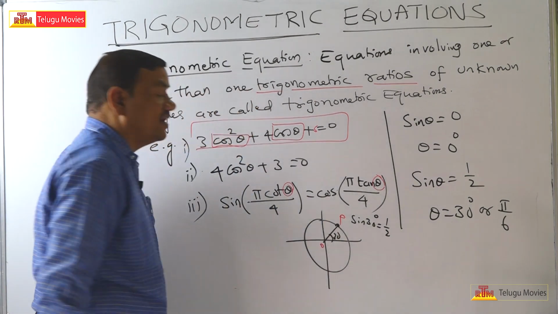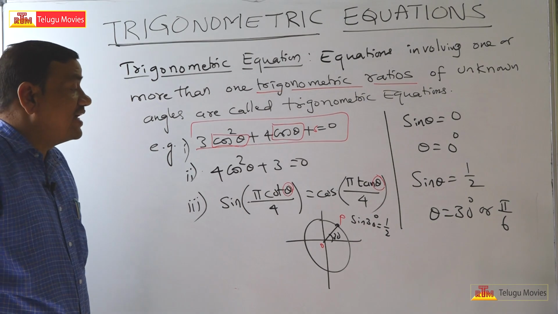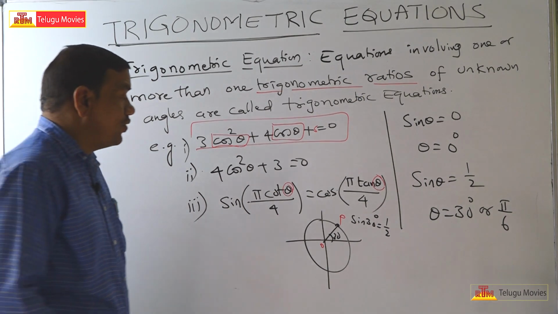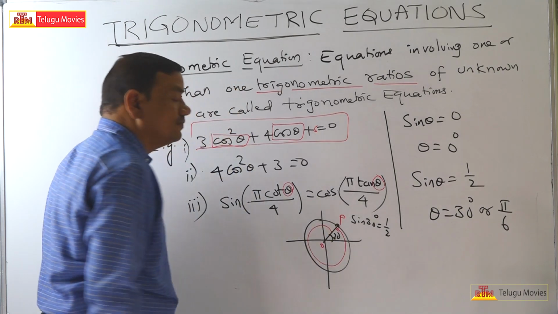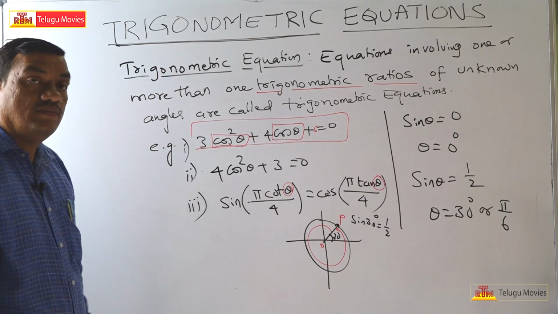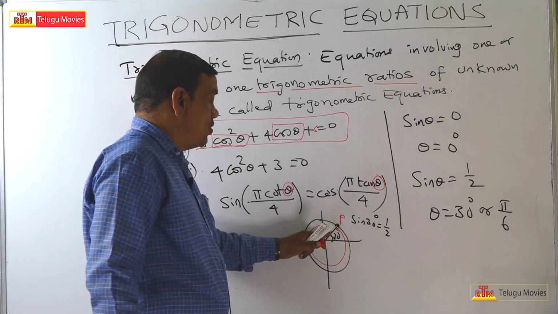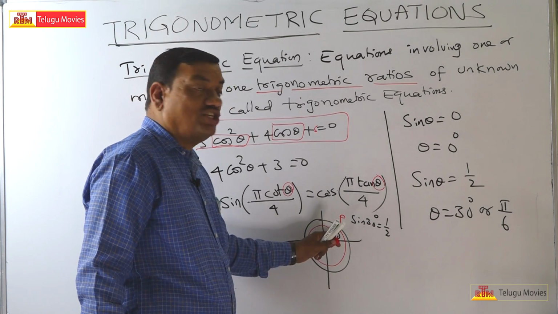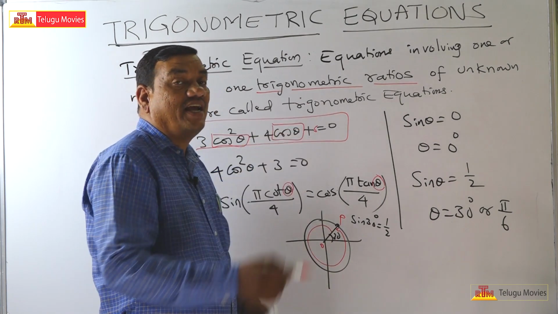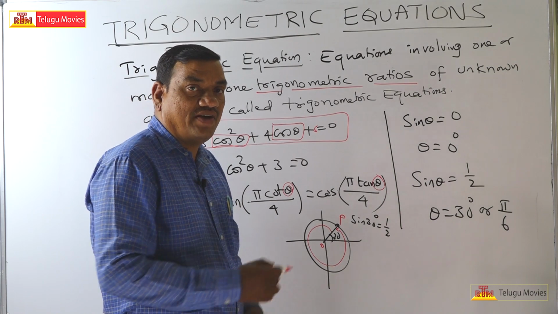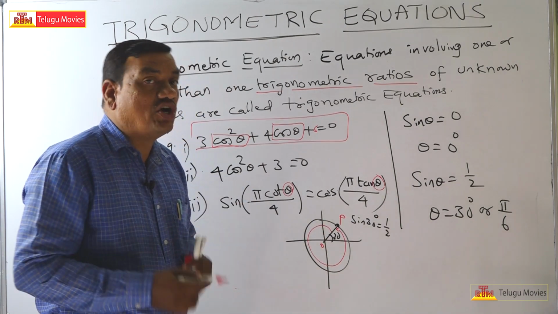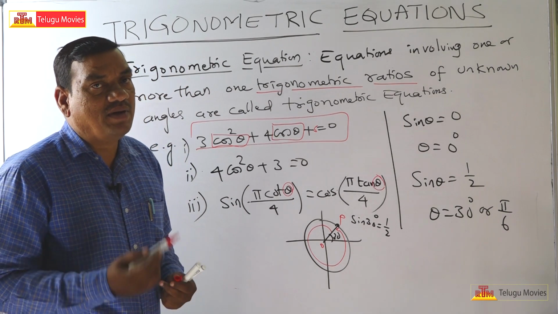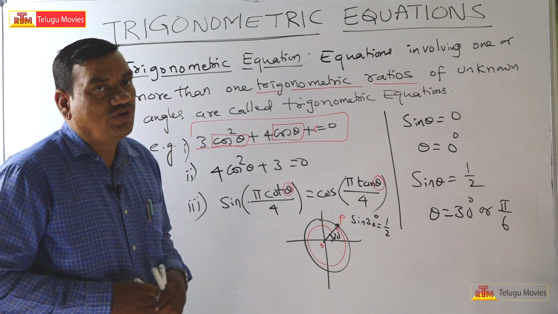It can be rotated again and will come to its original position, that means 360 degrees. It regains its original position for every 2n pi. So 30 plus 360 degrees also gives the same answer.